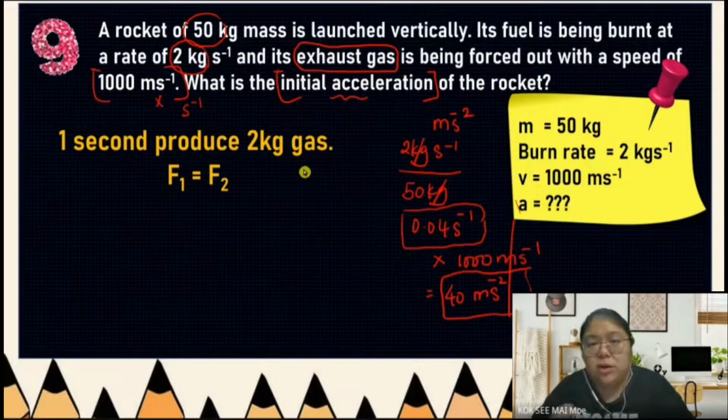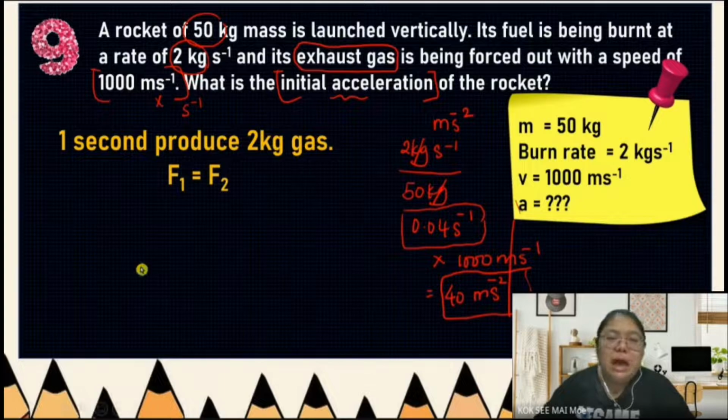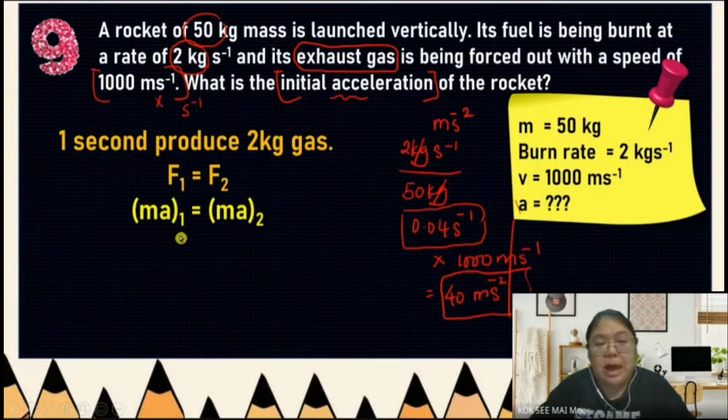The force launching the rocket and the force exerted by the gas are equal. It is like what we learned about conservation of momentum, but now it is conservation of force. The force exerted by the gas going out is the same as the force for the rocket launching vertically. So F1 is the launch up, F2 is the exhaust gas. So we can put the formula M A1 equals M A2.